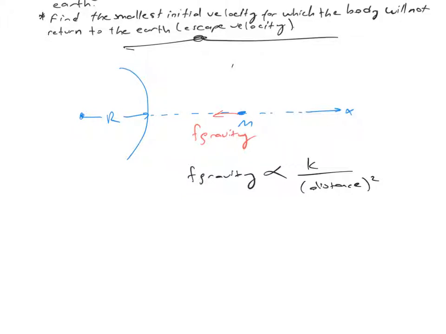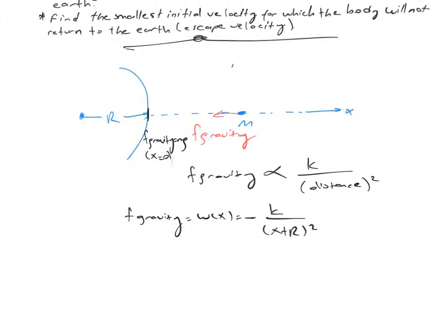Gravitational force is a function of the distance, so F gravity, let's say omega of x, is equal to k over (x plus r) squared. And there will be a minus here because the gravitational force is towards the center of the Earth, which is in the minus x direction. When we are on the surface of the Earth, where x is equal to 0, F gravity is basically equal to mg.